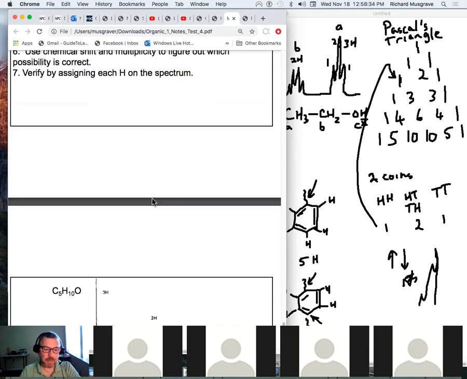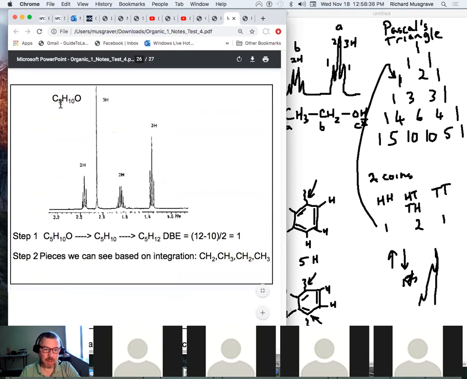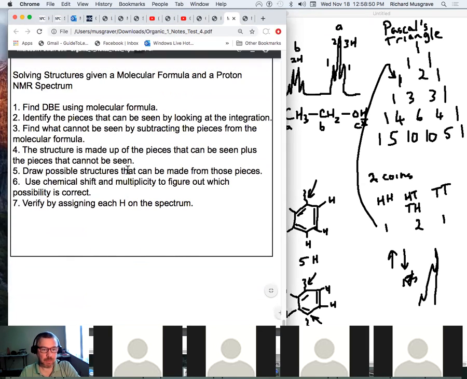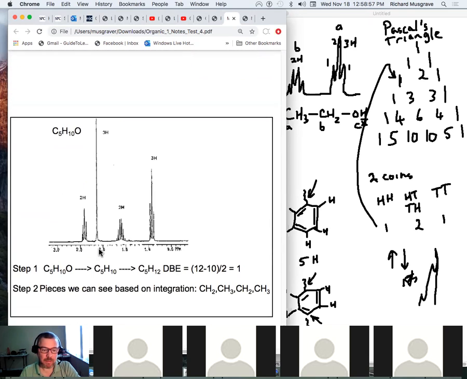What you'll be given is always a molecular formula and an NMR spectrum. An NMR spectrum will consist of all these peaks, and it will also show you the integration as well. There's a 7-step process that I use in order to figure out the structure of a compound given the molecular formula and an NMR spectrum.